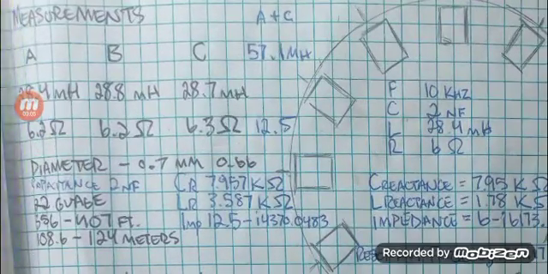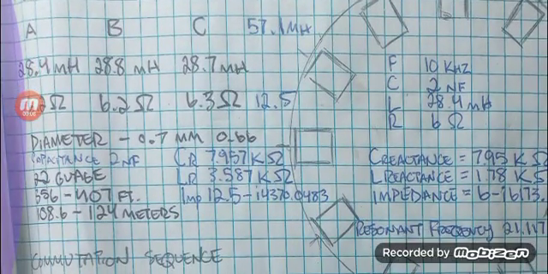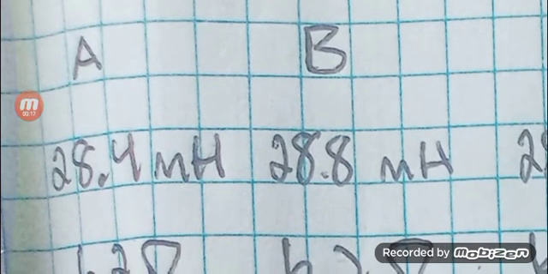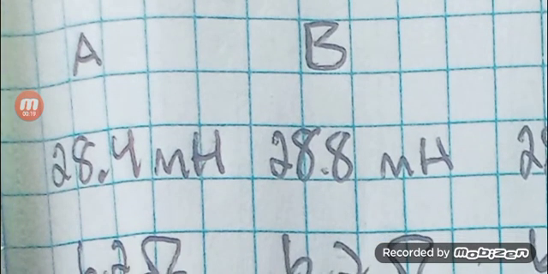Alright, so regarding the motor, this is what I have figured out. The impedance of phase A is 28.4 millihenries.